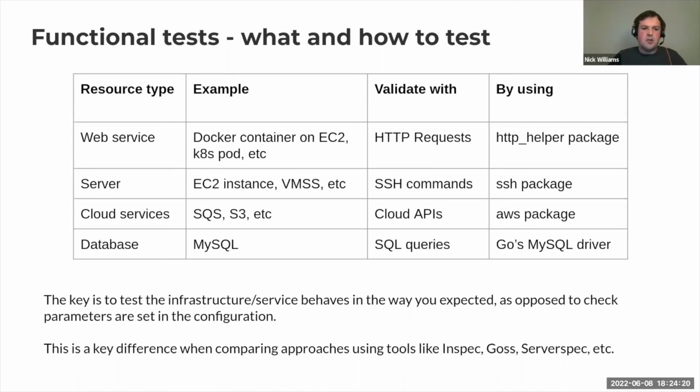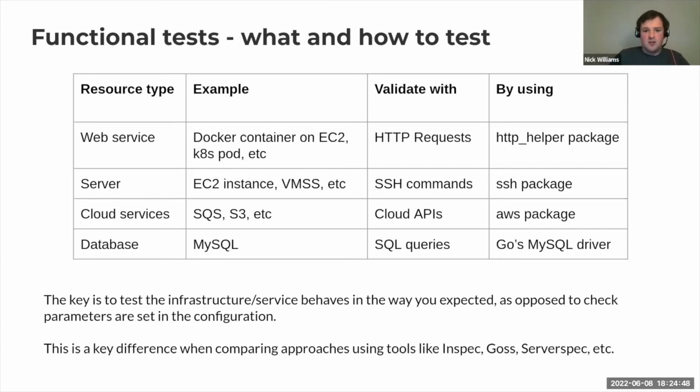What we found was a much better approach was to really exercise the function and see that it behaves in the way that you want it to behave, as opposed to checking all the parameters are set in the way that you think they'd be. So I've thrown up a few examples here. If you were running a web service, something over HTTP, you might validate it by sending HTTP requests in, making sure you get 200s back where you expect them, requiring authorization where you expect it.